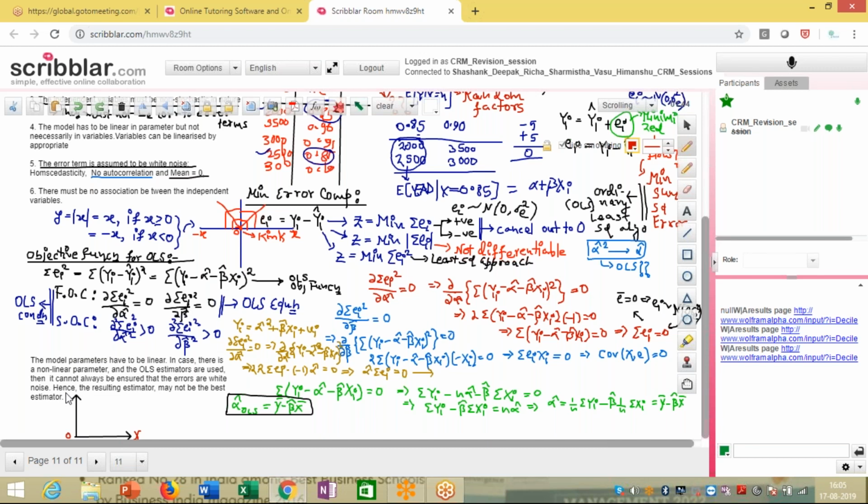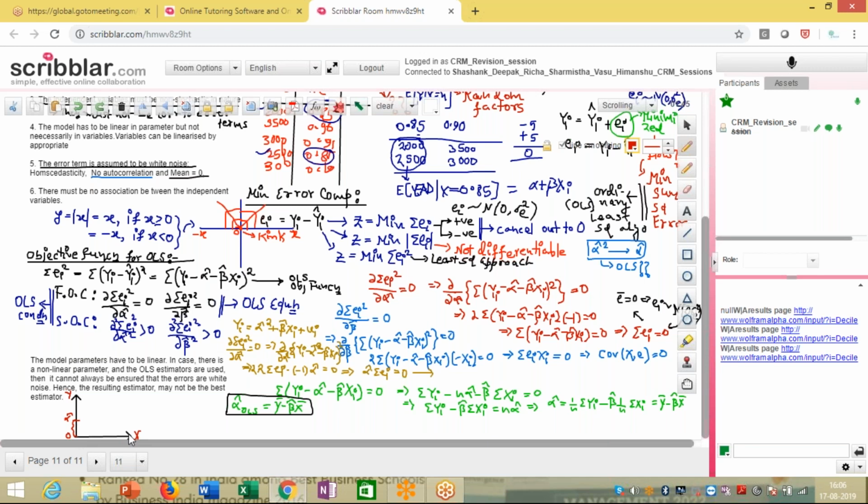Let's say x, this is y, right? Now this is your alpha hat. So y bar or yi hat is taking the value alpha hat when x is 0, right? So what is alpha hat then?